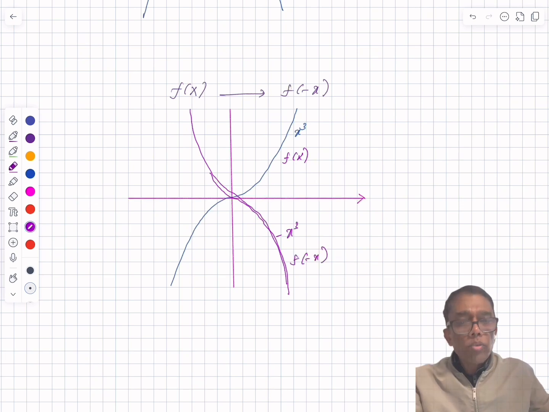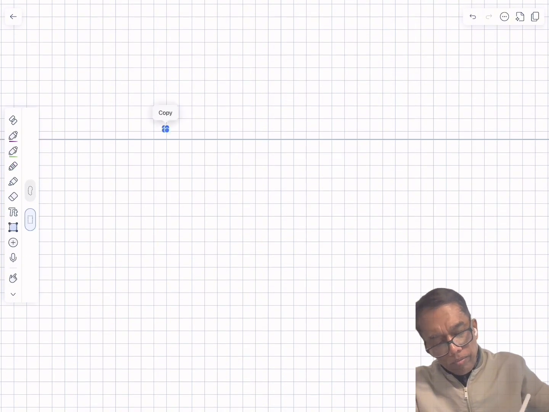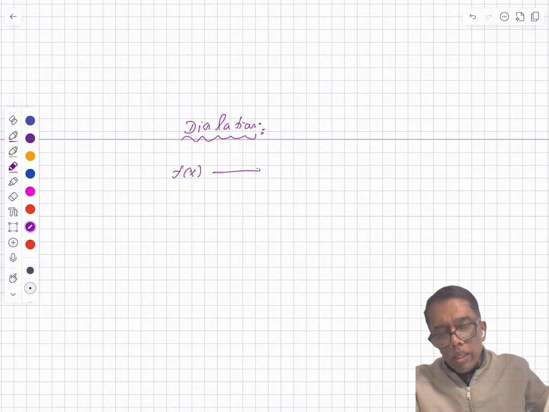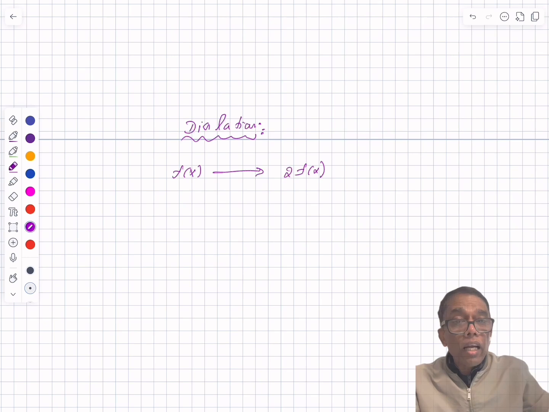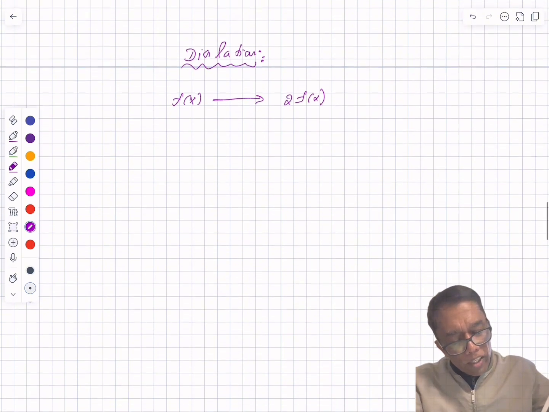Okay, next one, it is dilation. What is dilation? Think about f(x) goes to 2f(x). Actually, this is a dilation from the x-axis or vertical stretch. Like this, I'll take f(x) as x².